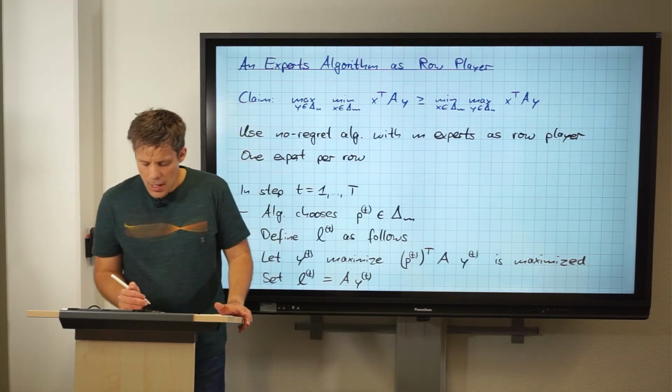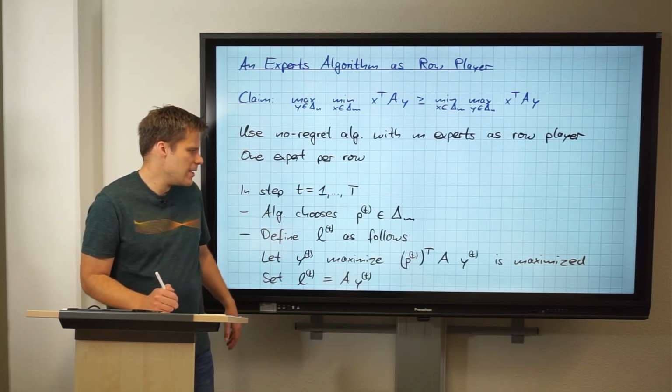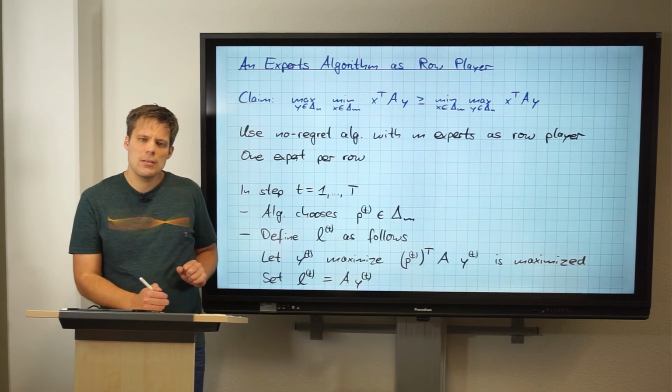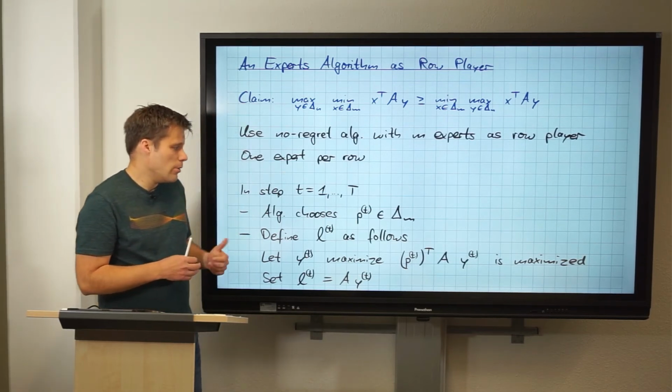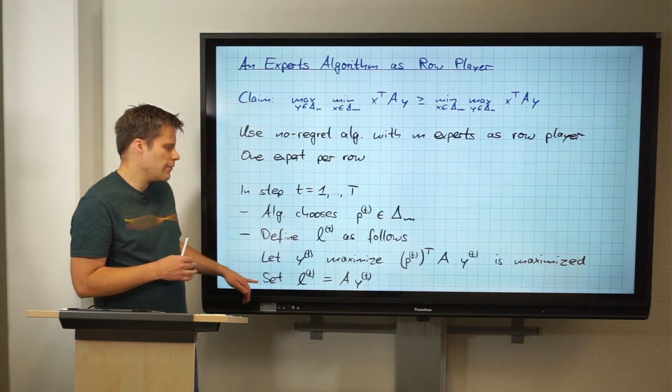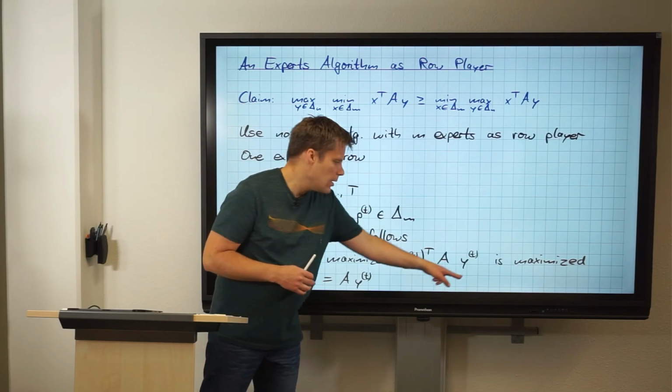Good. What does this now bring about? Well, there's the one obvious thing, namely, we can immediately see the cost of the row player following this strategy, namely, it is exactly this much.